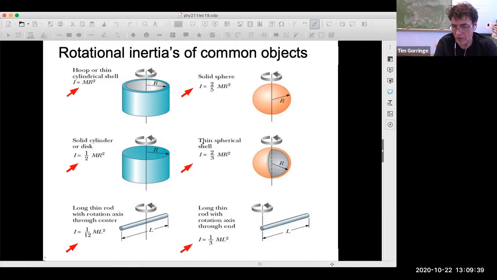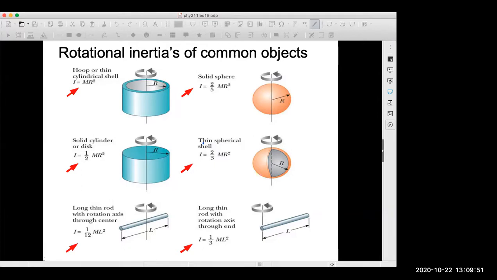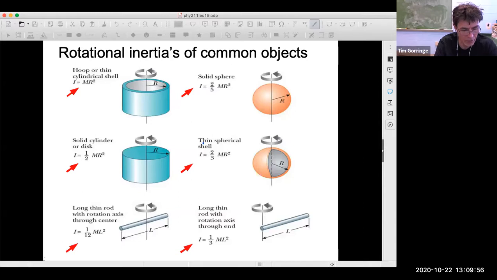And so I've just listed them on this table here, so you can think of this as a reference document. If you're working with a problem with a cylinder or a sphere or a ring, you can consult this document to look up what the moments of inertia are. Of course, I stole it from the textbook, actually. I'll just mention a couple of them.